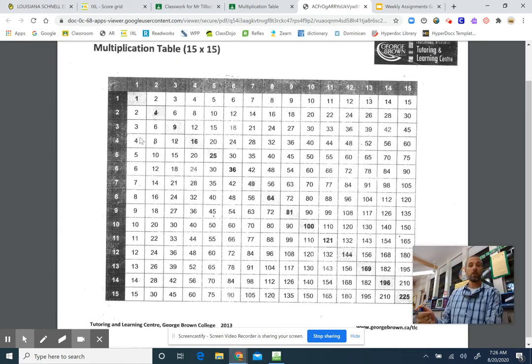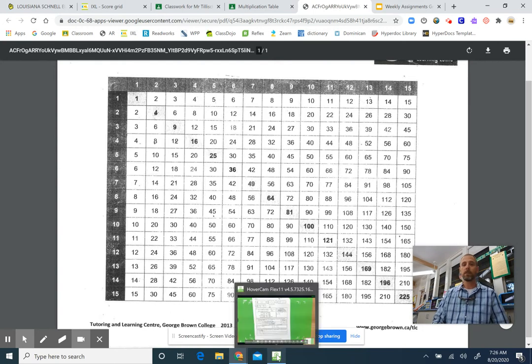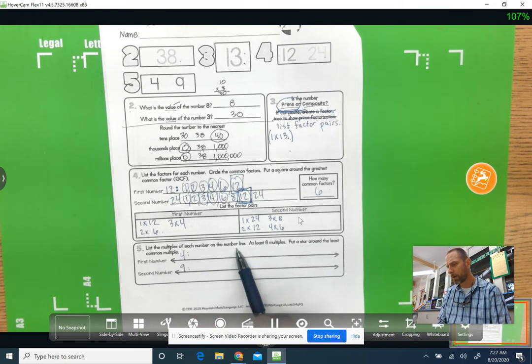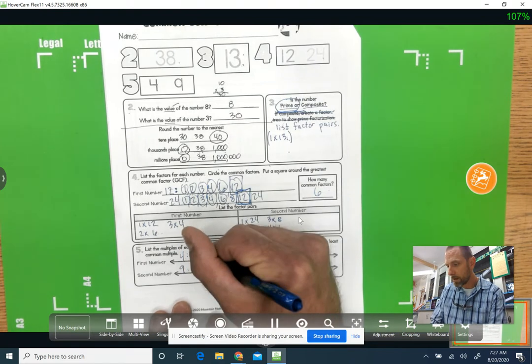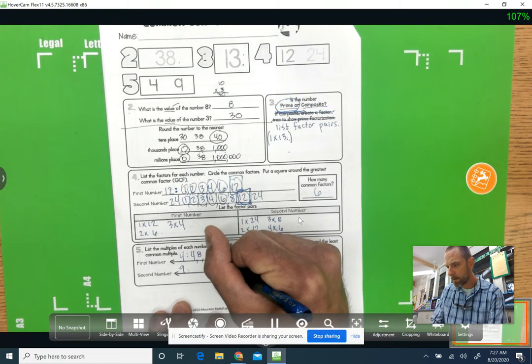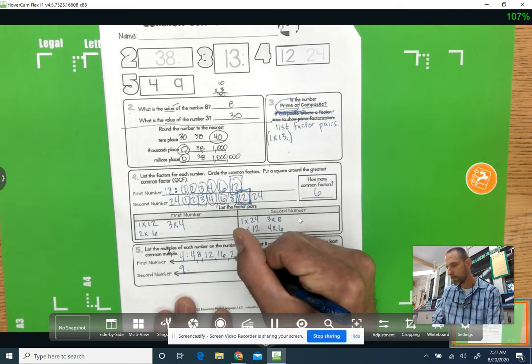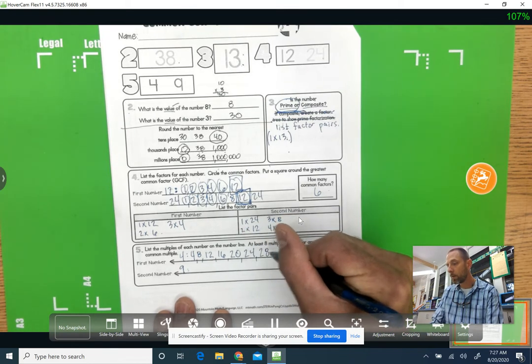When you skip count by 4s, you're actually landing on the multiples of 4 when you start at 0. So if I'm looking at my page, I want to write down some multiples of 4: 4, 8, 12, 16, 20, 24, 28. There's a whole bunch of them, okay? So list the multiples of each number on the number line. That's your first direction. 4, 8, 12, 16, 20, 24, 28.